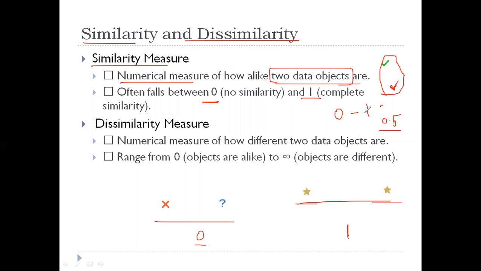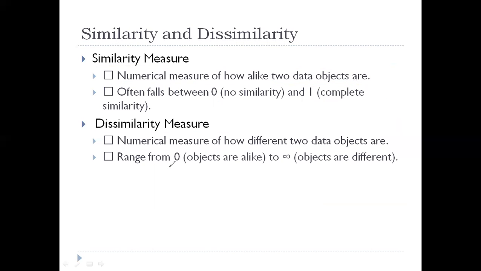Coming to the dissimilarity measure: a dissimilarity measure is also a numerical measure of how different two objects are. Here we can represent the range as from 0 to infinity.